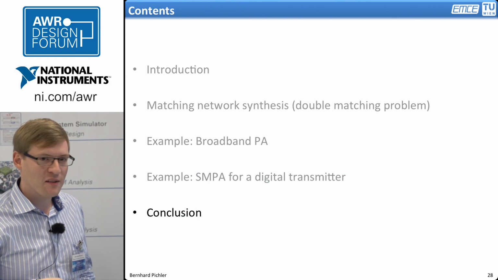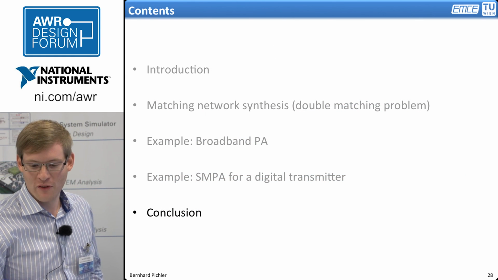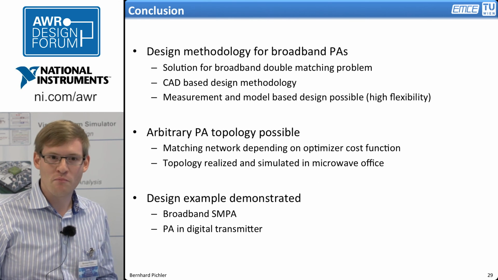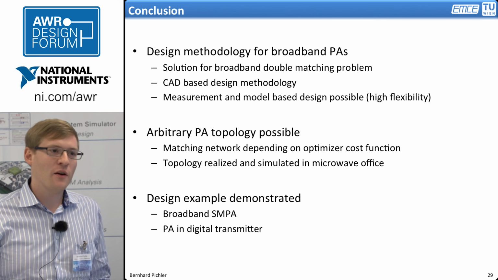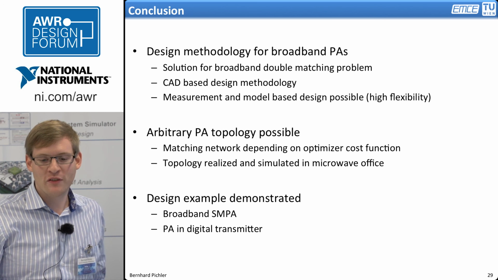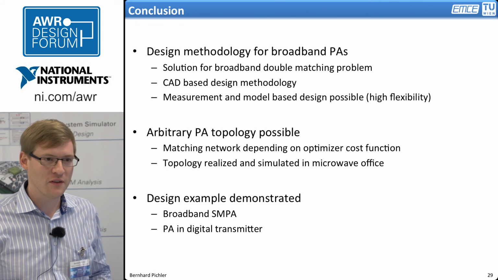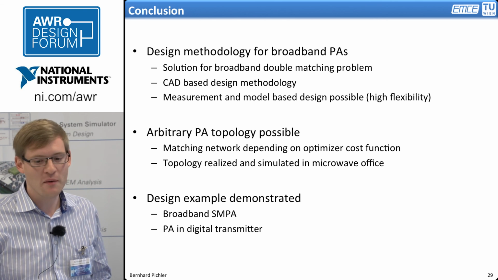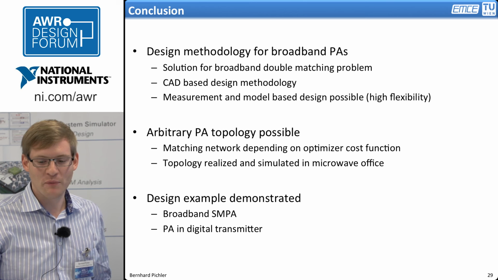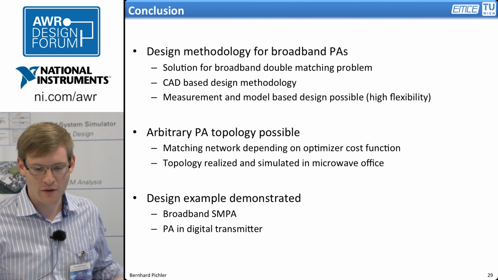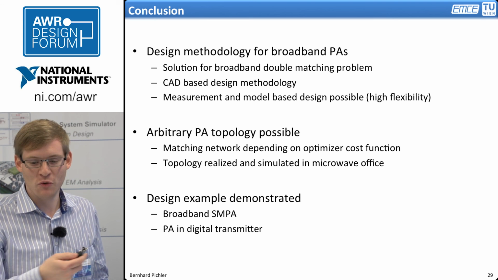So now, as a last point, I'll finish with a short conclusion. I presented a design methodology for broadband power amplifiers, with which you can solve the double matching problem for very high frequencies. This is a computer-aided design process done with optimization using MATLAB, or you can implement it in any other design language you like.